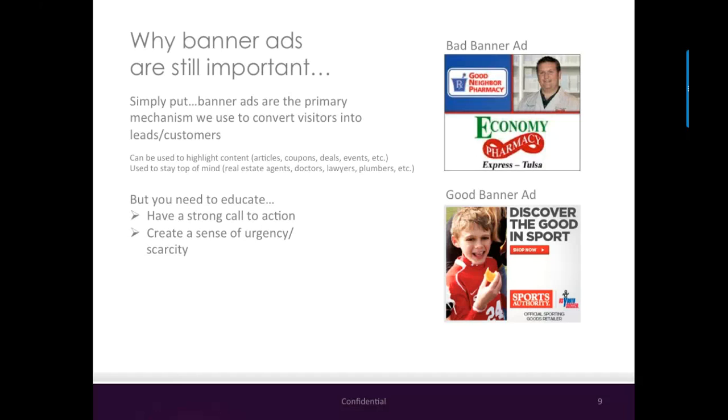So if you can tie in things like a sense of urgency and scarcity, the deal ends Friday, people are more likely to take action. This is true just in general, not just with banner ads, but you don't want to forget it with banner ads. If you can tie in smiling faces or places, that's going to be helpful, and that drives that emotional response, which, 1, captures our attention, and 2, drives engagement.